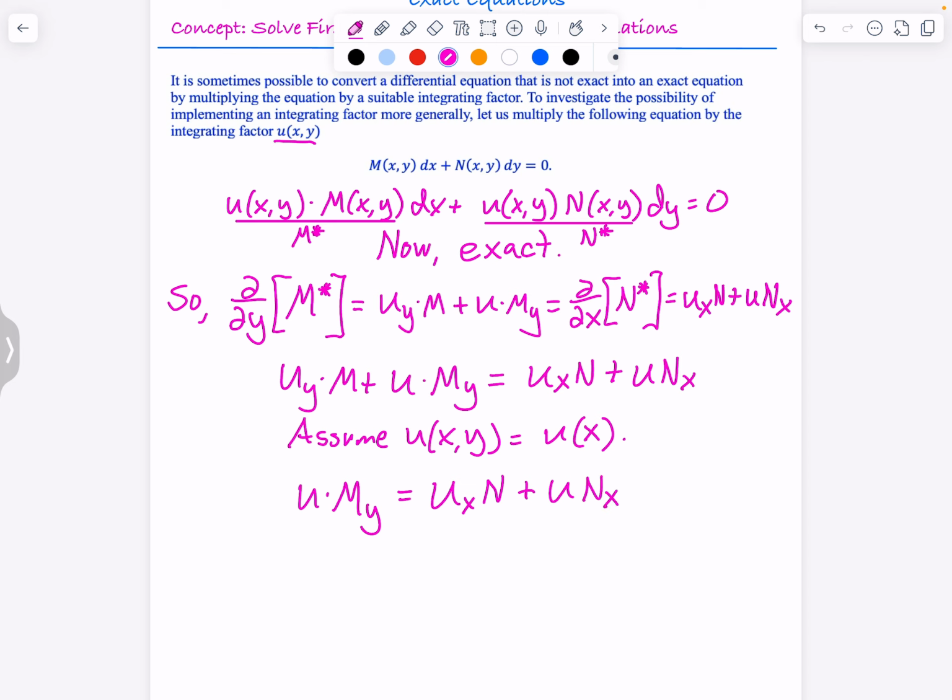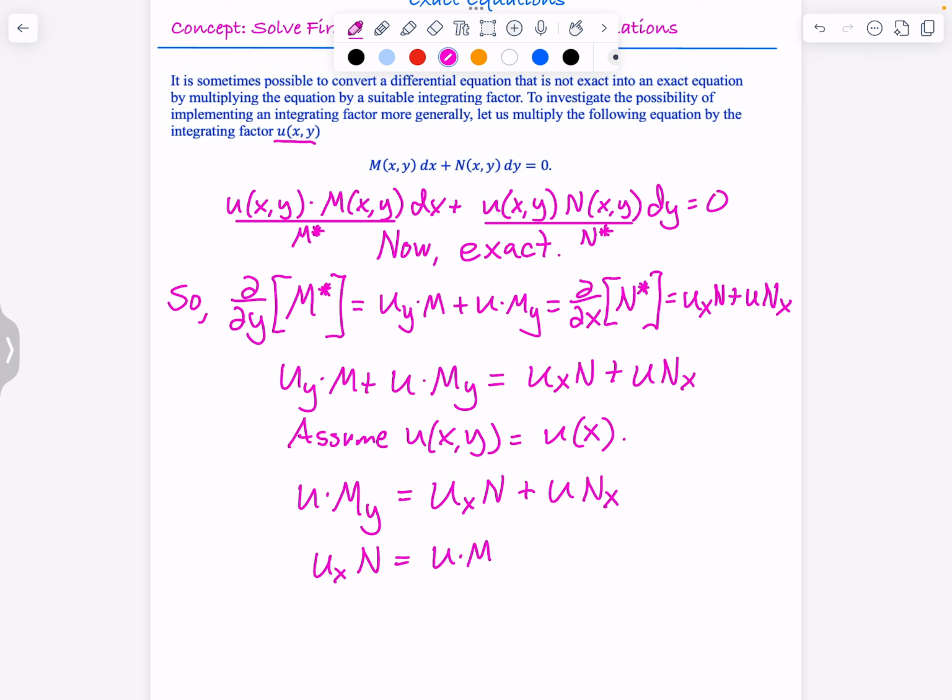If I have that, now I can actually move things around. Notice that I can get u sub x by itself. So I'm going to pull this u sub x, leave it on the right, but flip the equation.